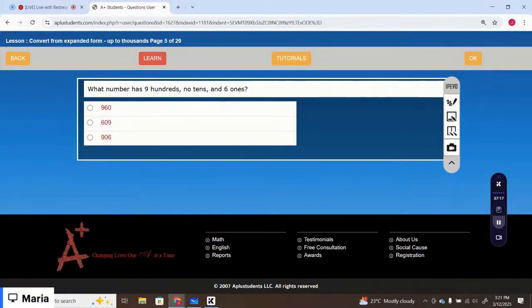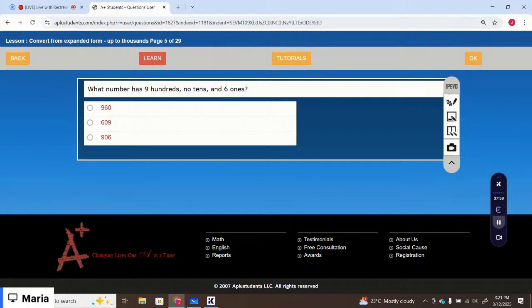What number has nine hundreds, no tens, and six ones? 900s, no tens means zero tens, and six ones.